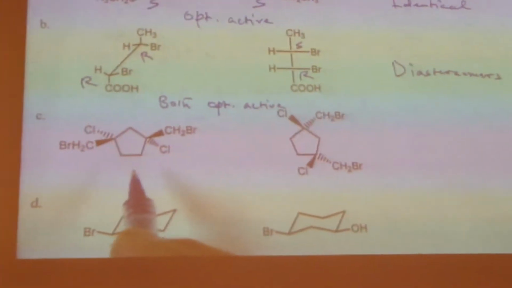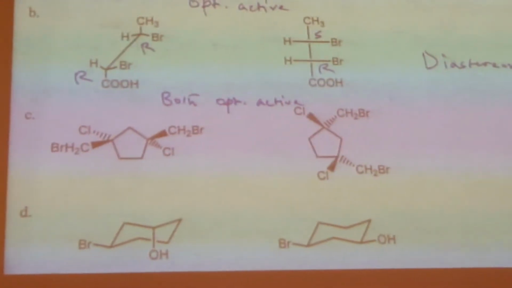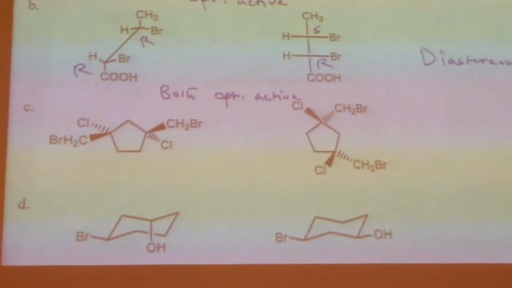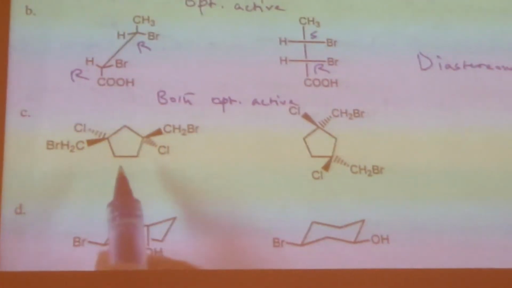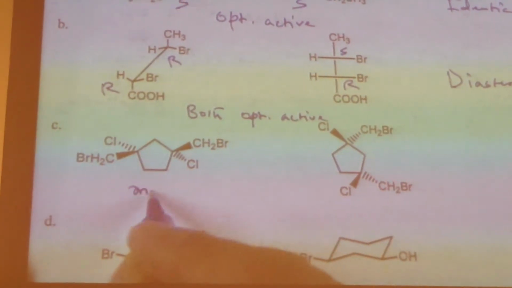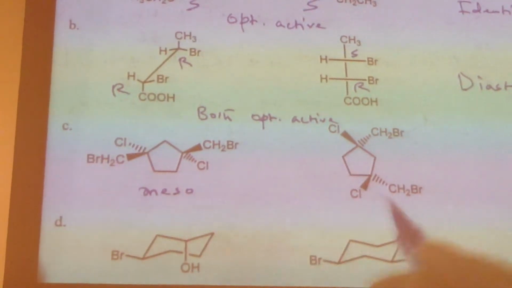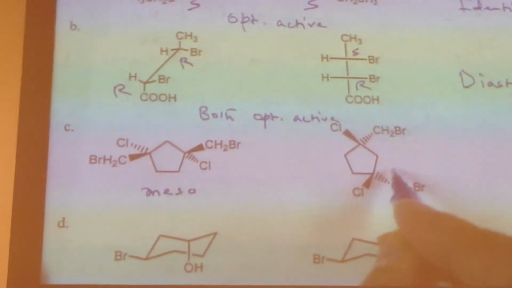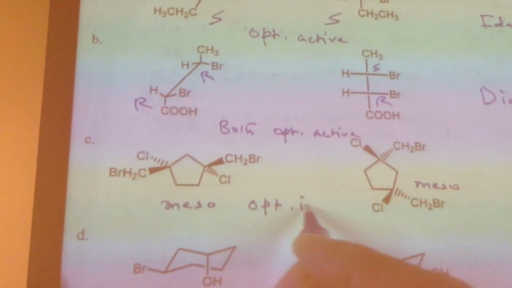The next one, you don't have to really determine R or S because this is actually a meso compound. Okay, so there's a plane of symmetry. So this is meso, therefore optically inactive, and the other one is also meso, optically inactive, and they are identical.